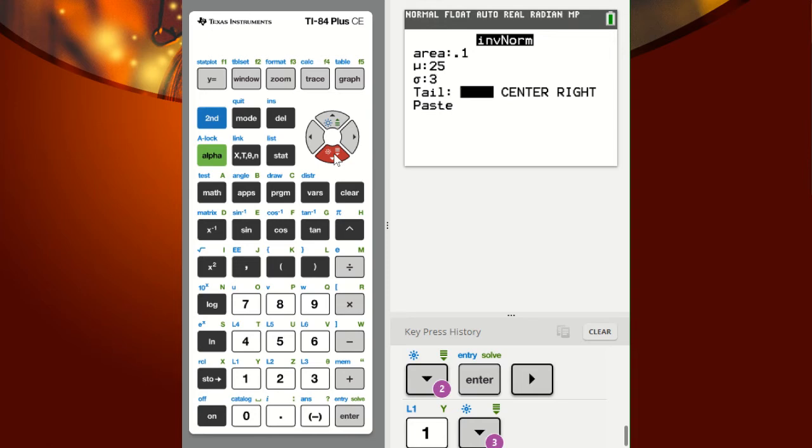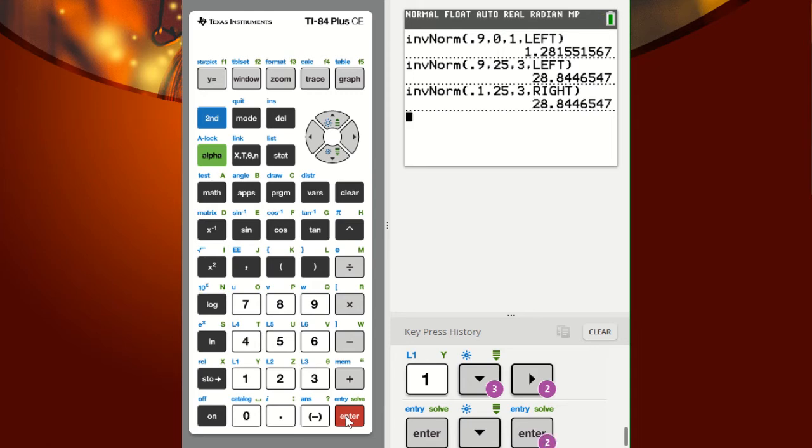But I wanted to show you how this tail thing works. In this case, I'm saying 10% of gerbils weigh more than this. What value is the weight of this gerbil? So now I'm saying that 10% is on the right-hand side. I'm going to hit enter there, paste, and I should get the same value, right? Because 0.9 plus 0.1 is 1. So it's 28.8. What's cool about the 84 is that it can do both of these.